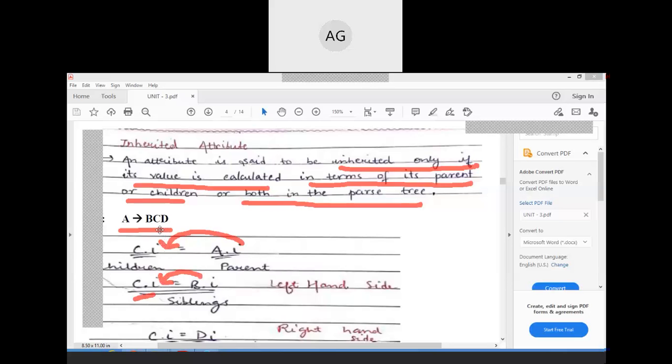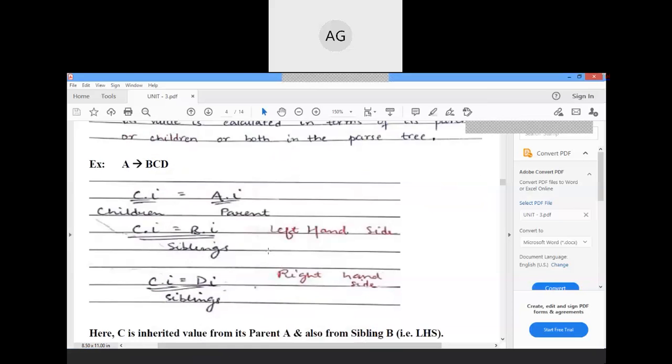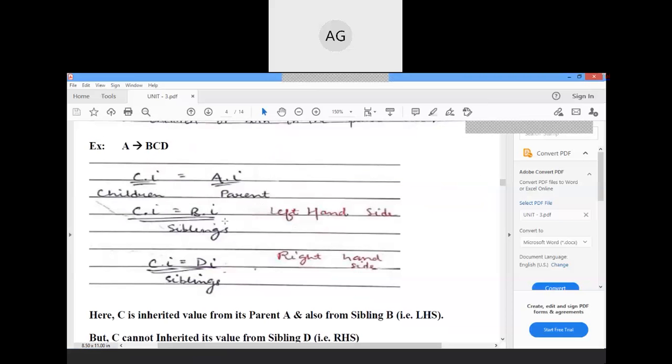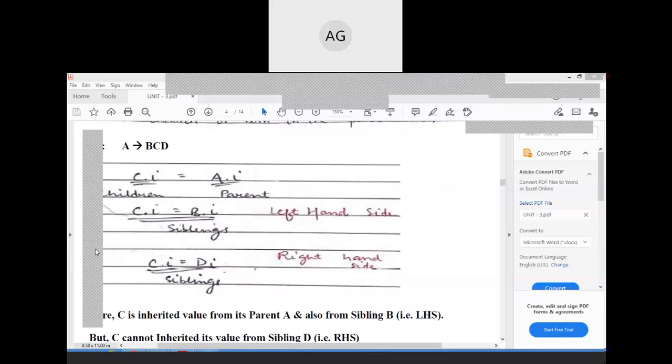On the right hand side of the production, B C D is there, and we are going to calculate the value of attribute C from the value of attribute B. It is possible, because B occurs before C. So when we reach C, we have already passed the B value.